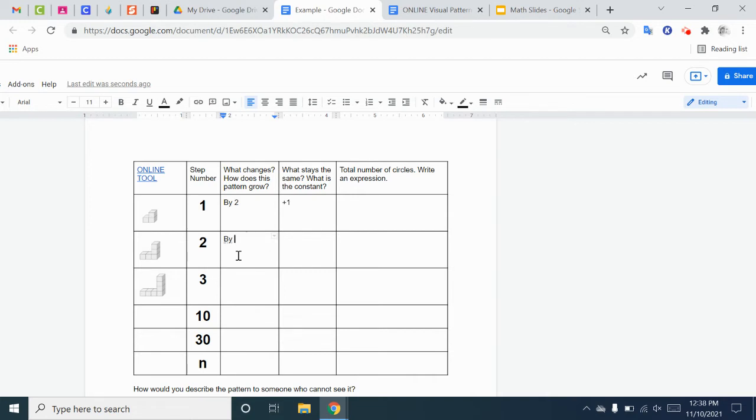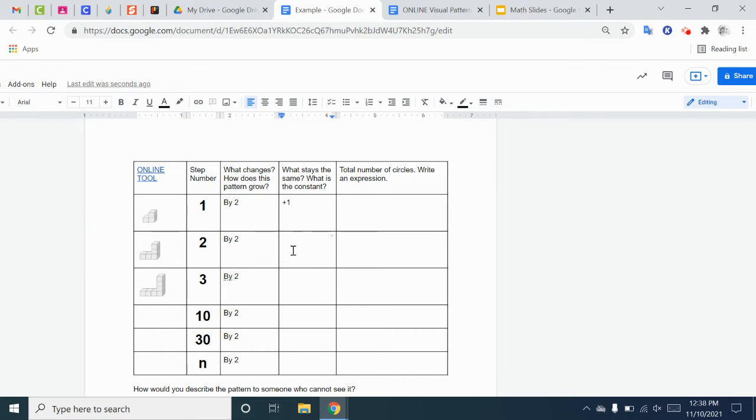So I'm going to put it in every single one of these boxes because every single time it goes up by 2, no matter what. So I'm going to put that it goes up by 2 every single time. I also know that every single time there's 1 in the corner.